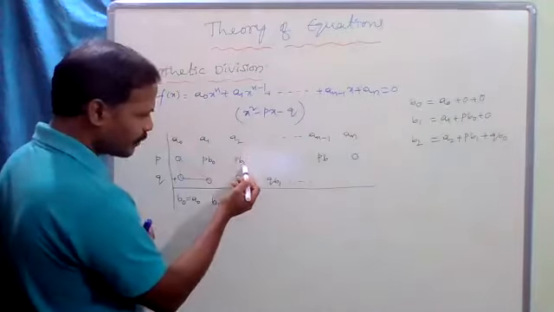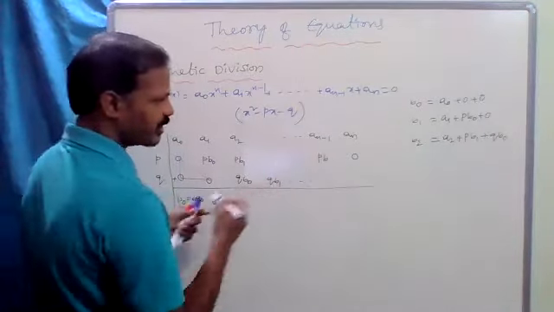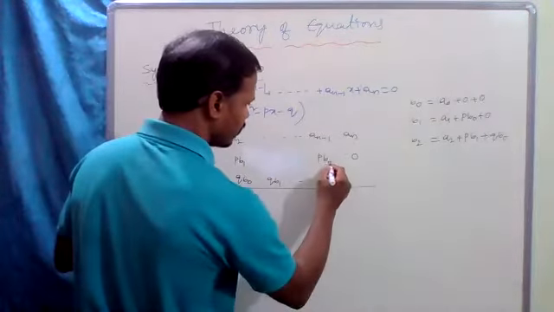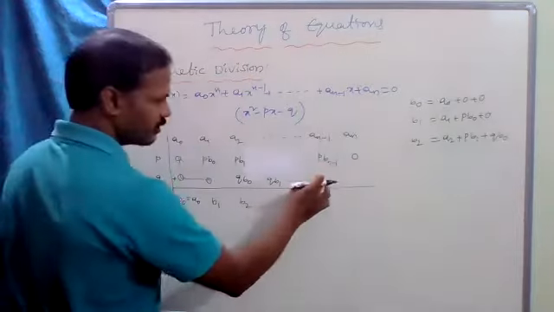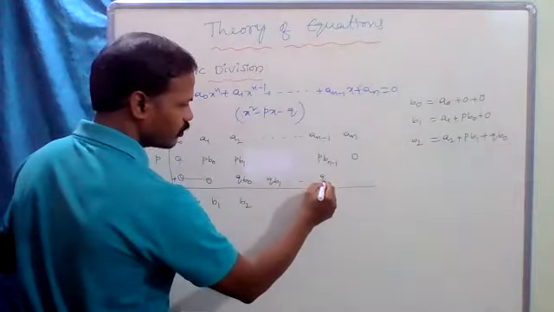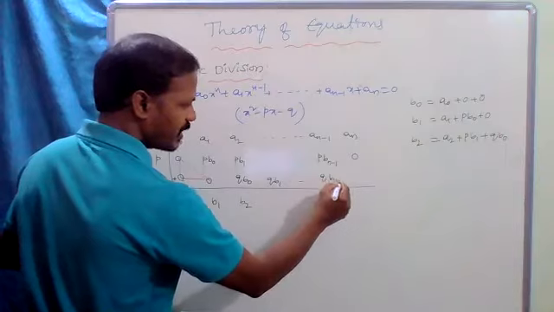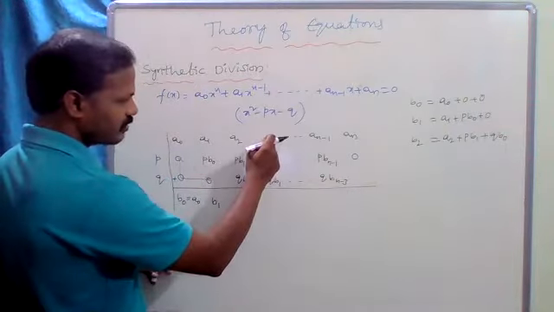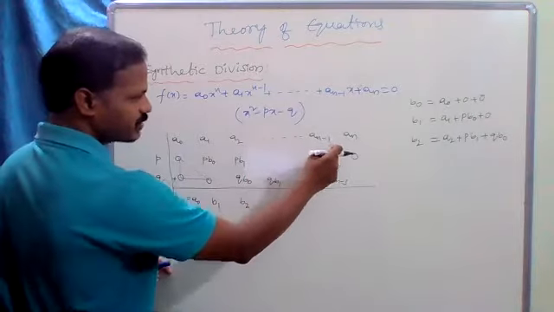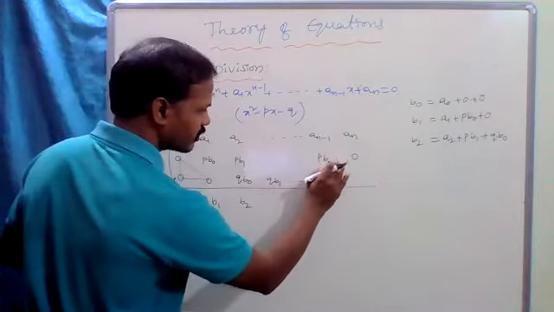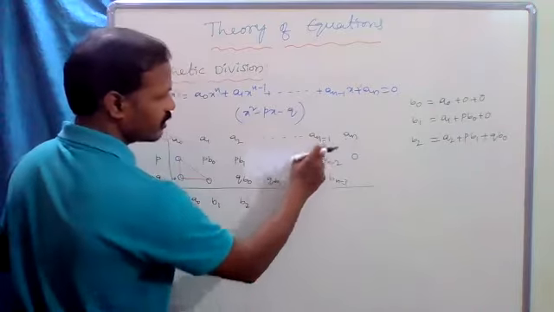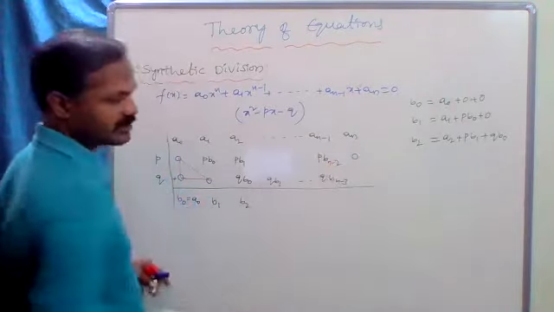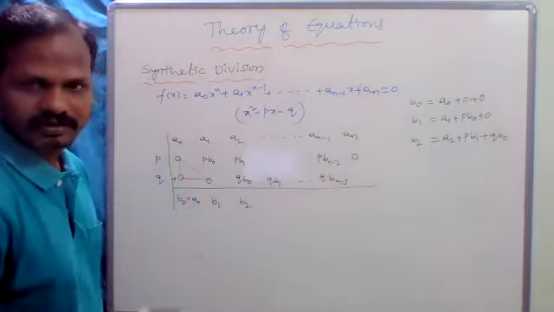See, a2 goes with b1, so n minus 1 goes with n minus 2. Here q b n minus 3. Yes or no? 2 1 0, 3 2 1, like that: n minus 1, n minus 2, n minus 3.